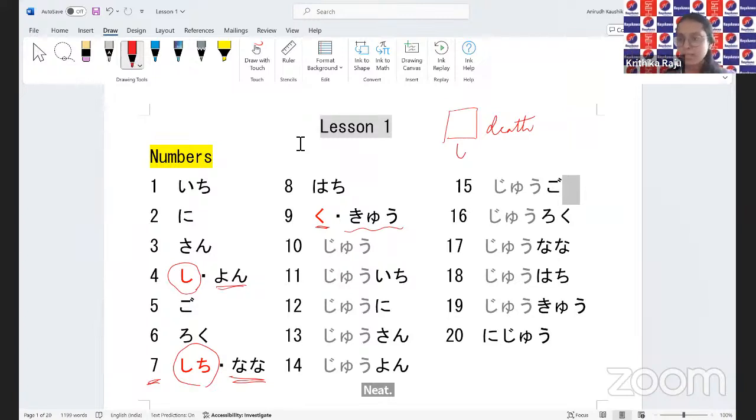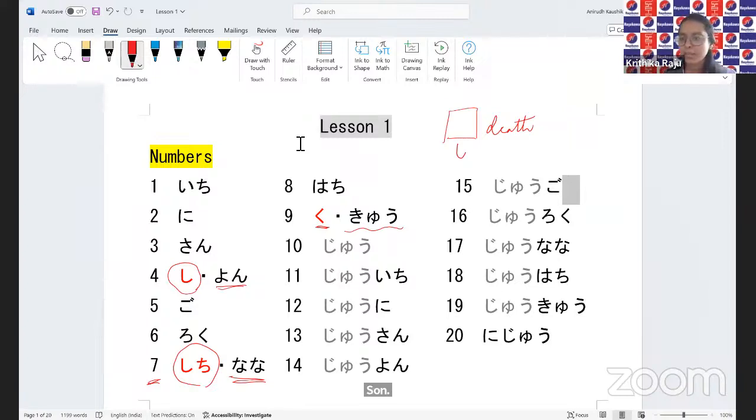Let's say all the numbers from 1 to 10. Ichi. Ni. San. Yon. Go. Roku. Nana. Hachi. Q. Ju. Can you try saying this without looking into your books or the screen?